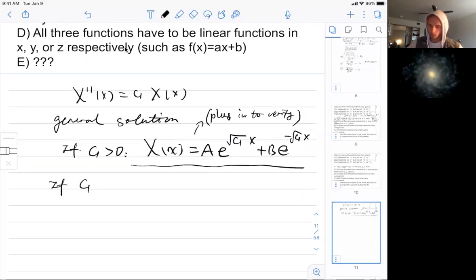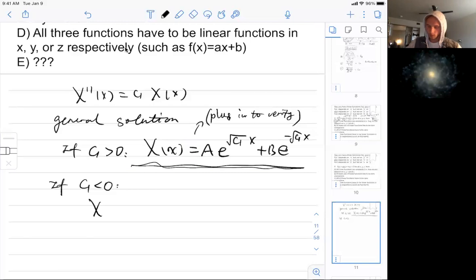Now, if C1 is less than 0, we can get a combination of sines and cosines. If you follow this particular format, then when C1 is negative, you get an imaginary number. So you have a complex exponential, e to the i of something. But e to the i can be written using cosines and i sines, so they can be rearranged using just cosines and sines.